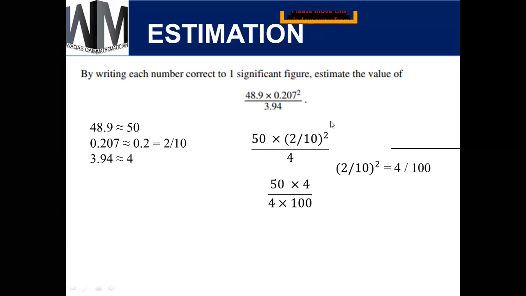Any confusion with this one? Now 4 will be reduced with 4 and 50 will be reduced with 100, and we get the final answer 1 by 2, which is equal to 0.5. Any confusion with this?